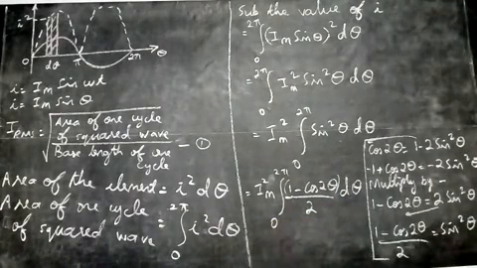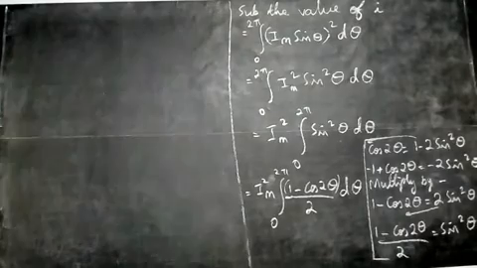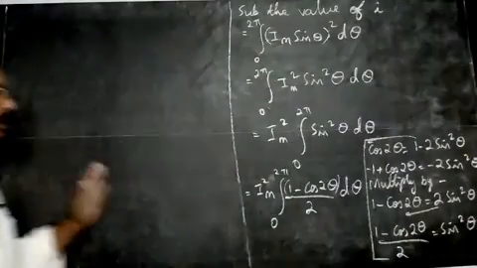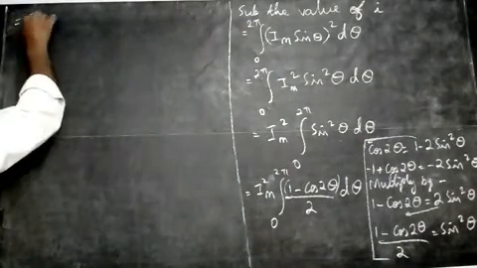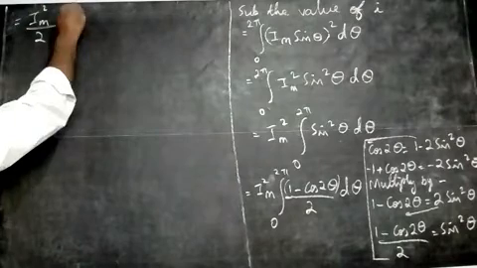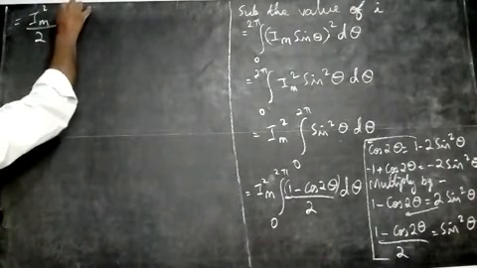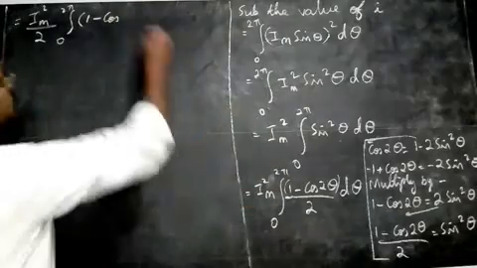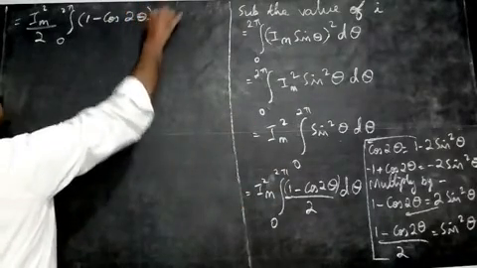Let me erase the left side and write down. So what we get here is Im square divided by 2, into the integral from 0 to 2 pi, and then we have 1 minus cos 2 theta into d theta.